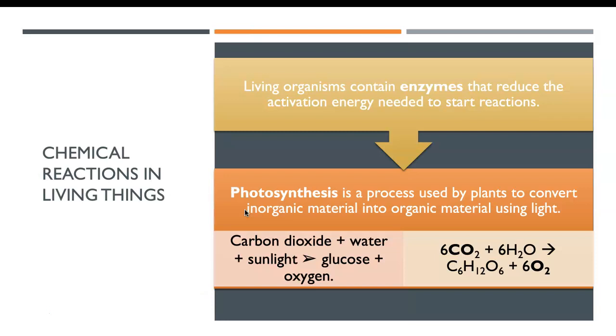The last thing I want to talk about is chemical reactions in living things. There are two chemical reactions existing in our body and outside in nature every day. One is photosynthesis. Long story short, with sunlight energy, carbon dioxide plus water is converted to sugar and oxygen.